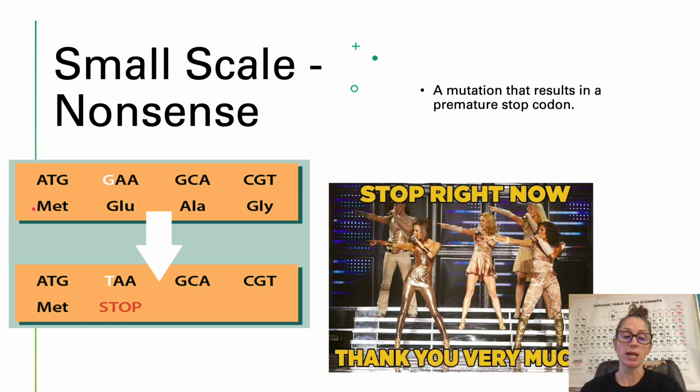This is an extreme case where we have our start codon and immediately we have our stop codon. This obviously would have, in most cases, a serious effect on the functioning of that protein. Unless maybe it's just at the very, very end, it may shorten it a little bit. So it really depends on the location of that stop codon.